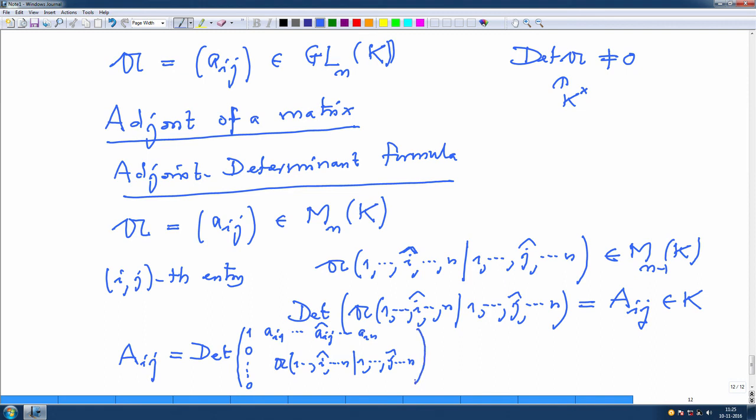Now note this equality is clear, because I will expand in terms of this first row. When I expand in terms of the first row, it is 1 times this determinant, which is this.